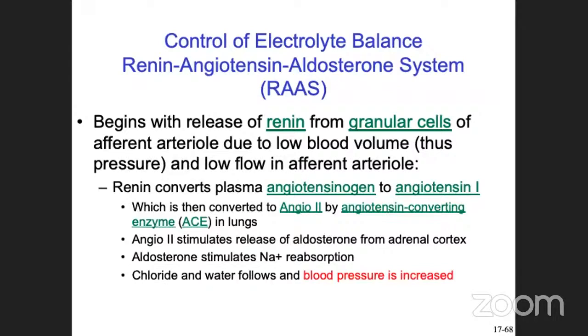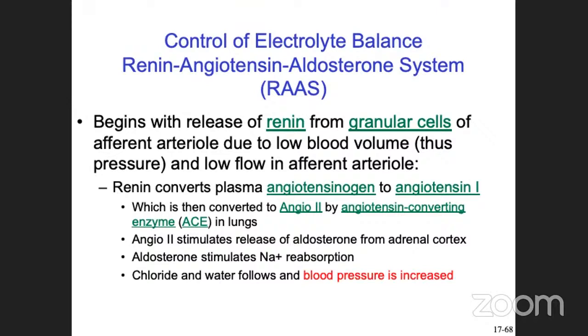All right, so once you have this angiotensin 2, this is the most important key player inside the RAS system. Angiotensin 2 has several functions to control the electrolyte balance in our system. The first one is that the angiotensin 2 is able to cause vasoconstriction, and of course this involves the systemic circulation, where the vessels need to constrict.